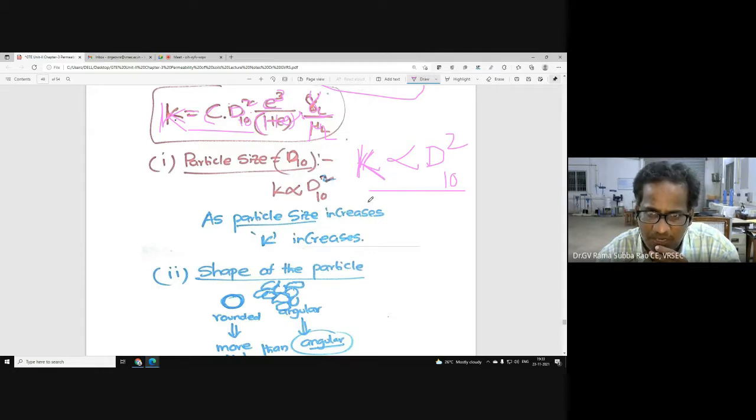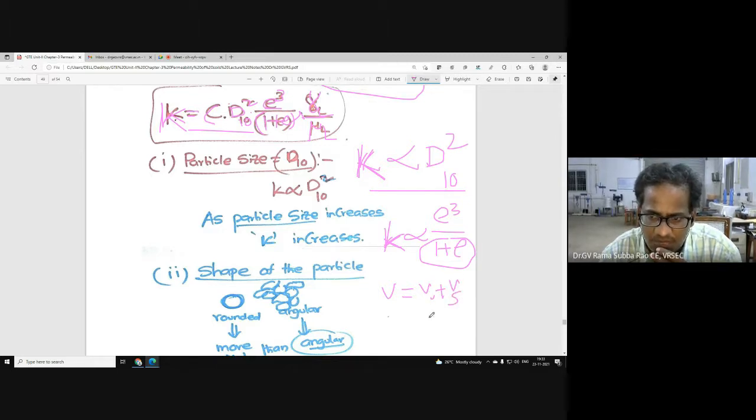And a very important point here is that K is directly proportional to e cubed by 1 plus e. So if the void ratio of the soil is more, obviously the permeability of soil is more. But in fact, 1 plus e is the total volume. As you know, total volume is equal to volume of voids plus volume of solids.